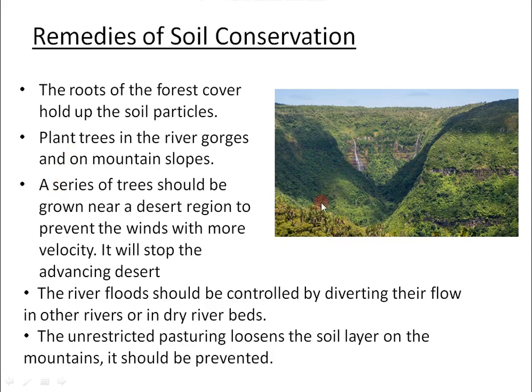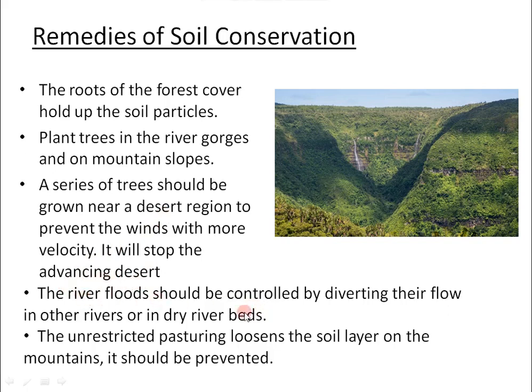Here also we can plant trees. A series of trees should be grown near a desert region to block winds with more velocity. It will stop the advancing desert. So especially the trees should be planted near the border region of the desert. It will reduce the velocity of the wind and stop the advancing desert.